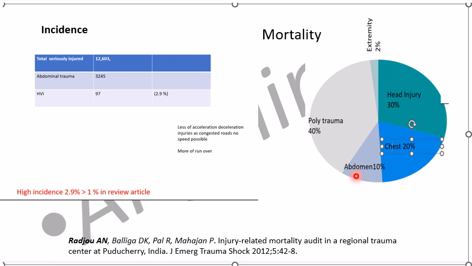Now, if you look at it, we had comparatively more hollow viscus injuries than the Western literature, because solid organ injuries are usually due to acceleration and deceleration that happens during speed. But our injuries were not because of speed, they were basically crush or run-overs. So naturally the bowel is injured there.